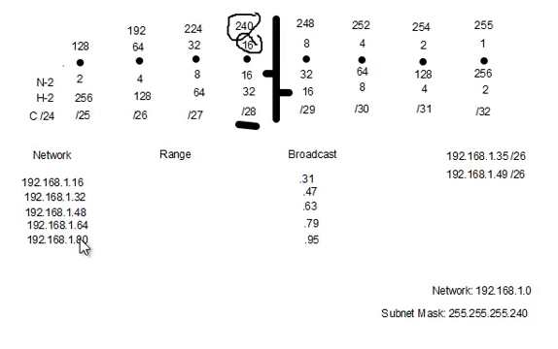I know the next number is 96 because 16 more would be 96. So, of course, the broadcast had to be 95. The range is going to consist of the numbers between the network and the broadcast. So the network 16, the range is going to be 17 through 30 because you can't go past 31.